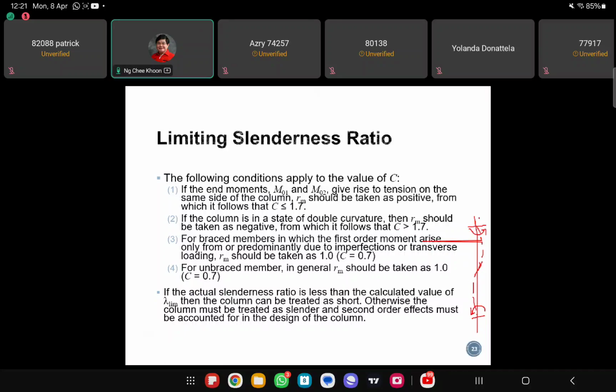That's why we call it double curvature, right? So if your column bends like that, right? If your column bends like this, I'm exaggerating the bending here, okay?